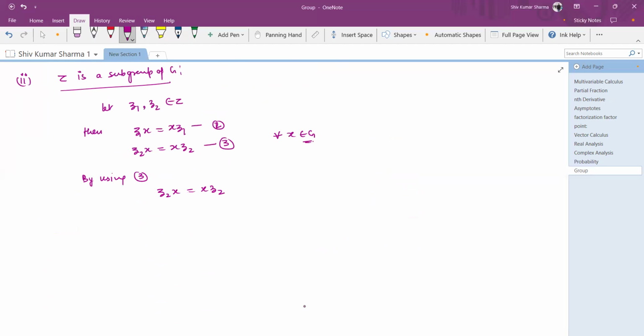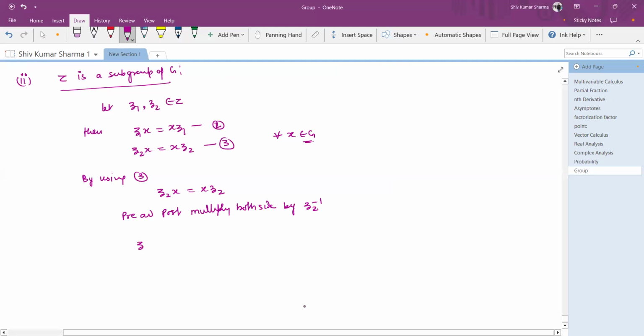In this equation we pre and post multiply both sides by z2 inverse.